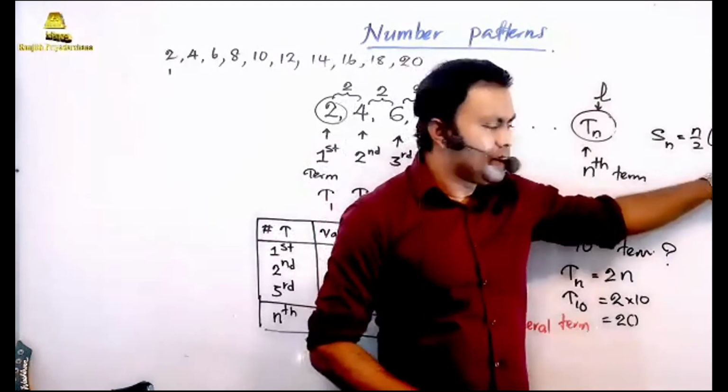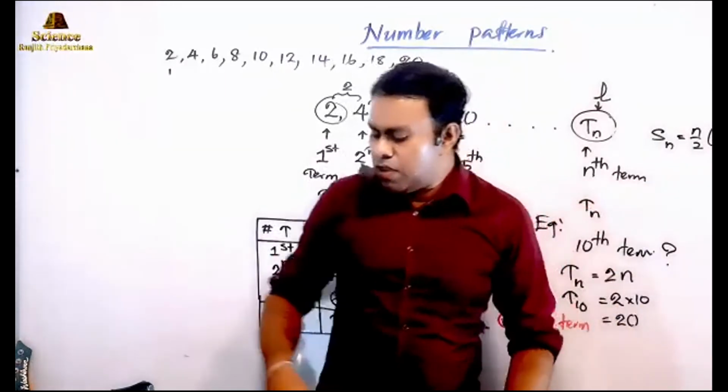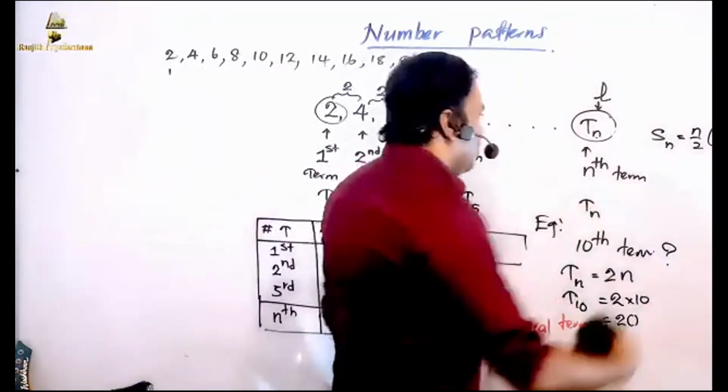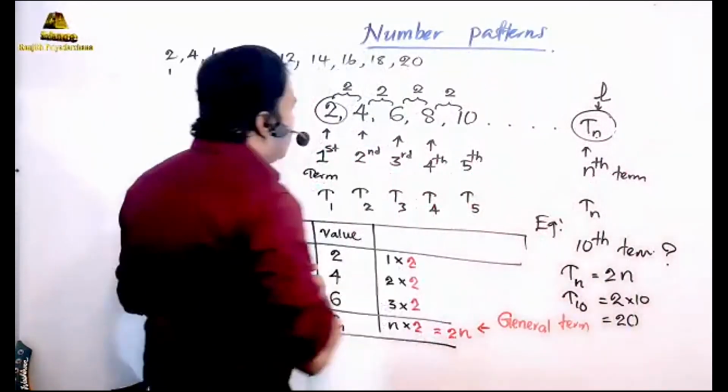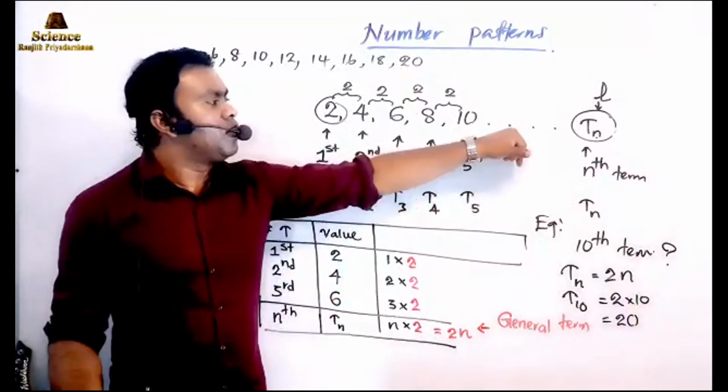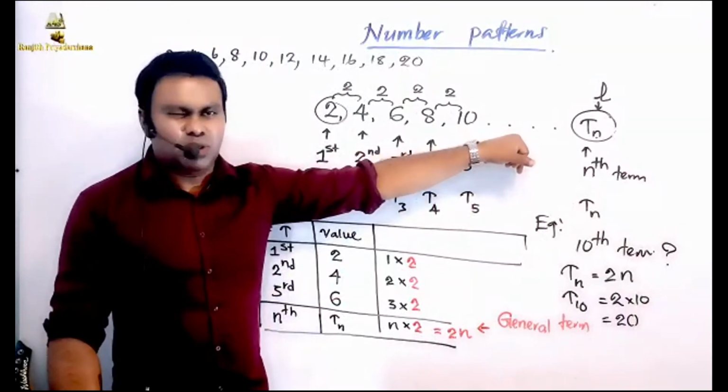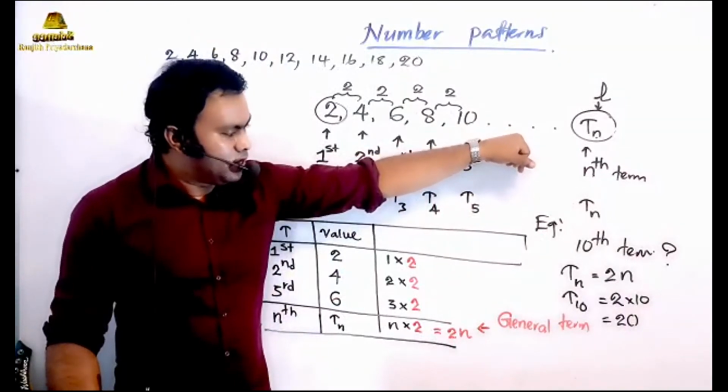So the last number is called the last term. Very simple things.